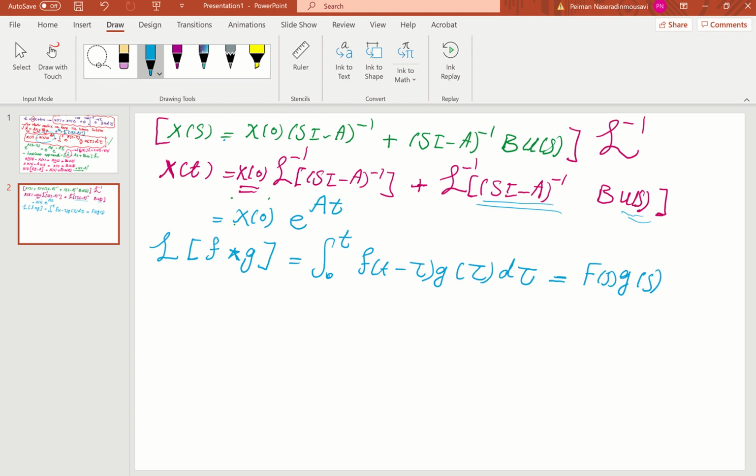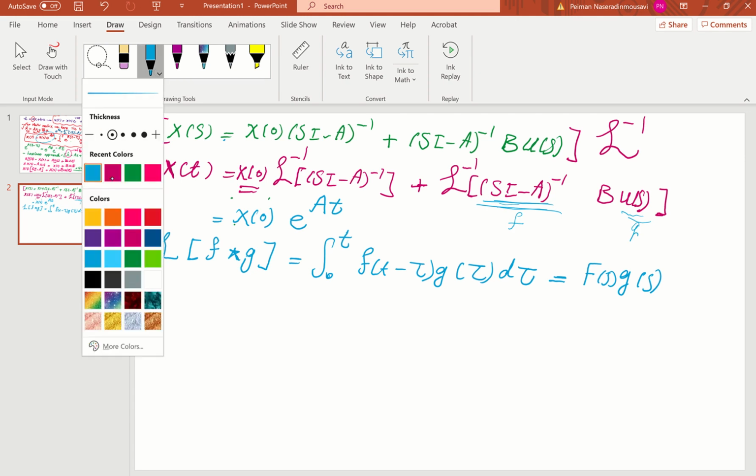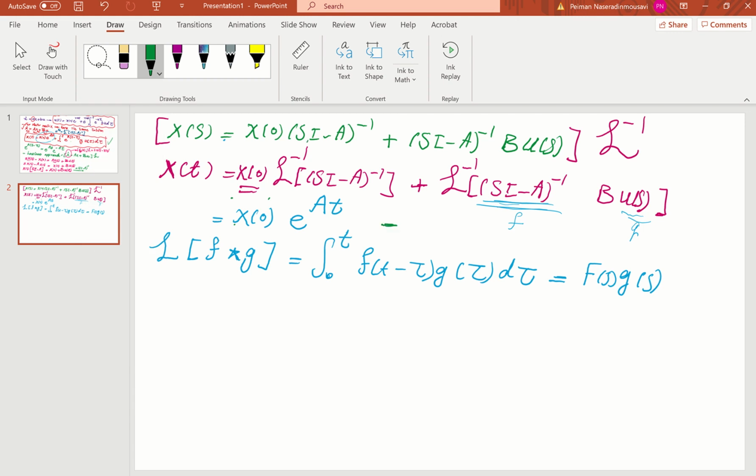So that's why the Laplace inverse of (sI minus A) inverse, suppose this is your F and this is your G, plus this integration from 0 to t.